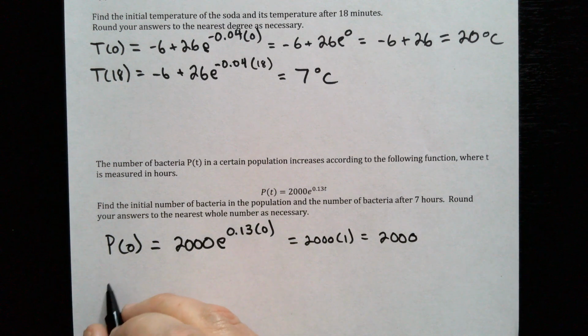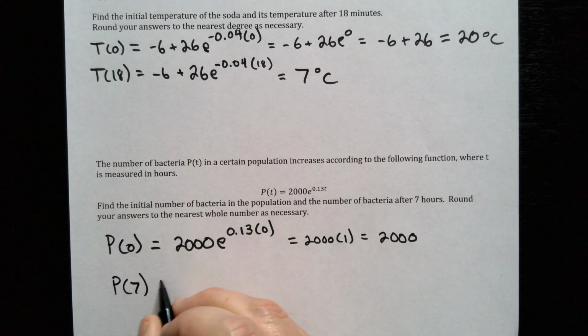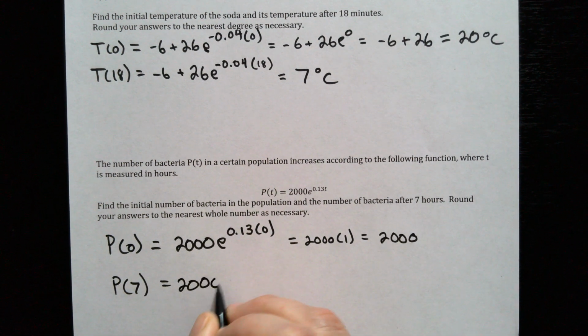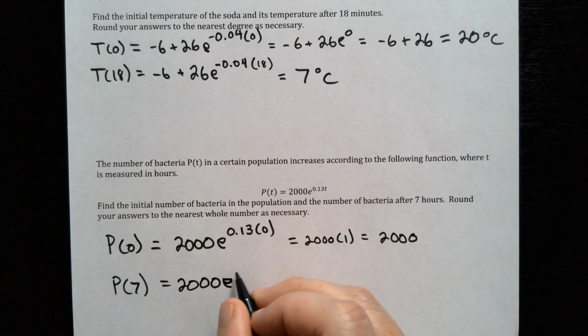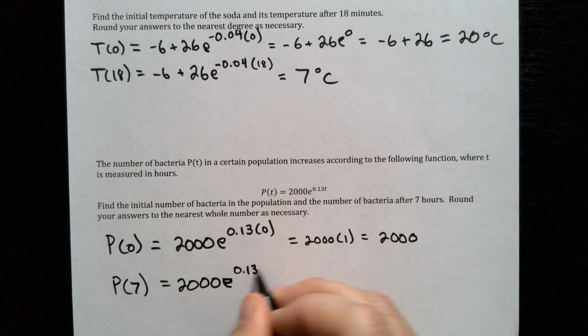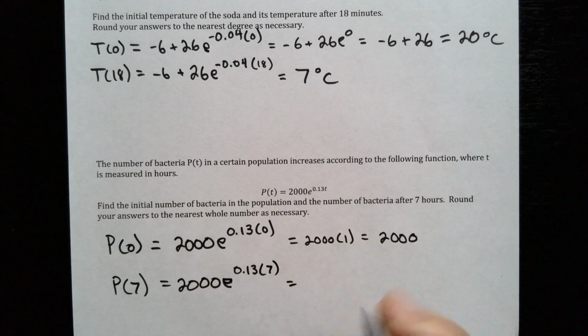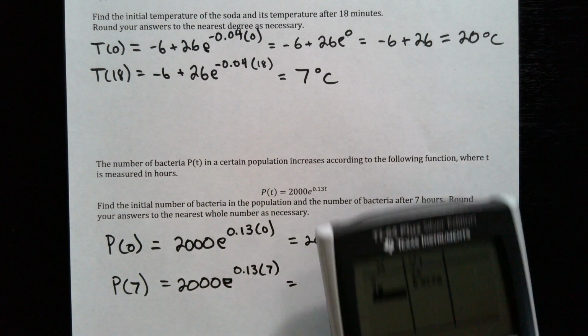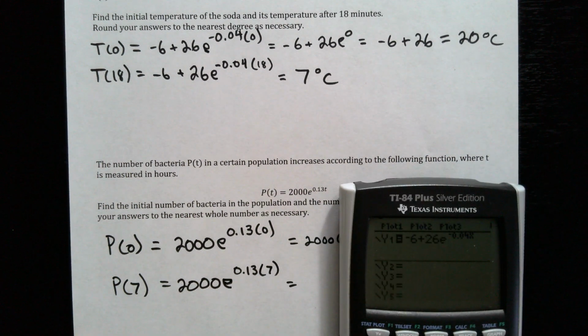Now let's plug in a 7. So 2000e to the 0.13 times 7. Okay, so for that we need to go to our calculator. So let's clear out that first one. We'll put in 2000e, that's second ln, 0.13 times 7.